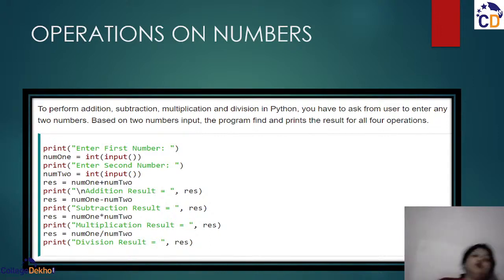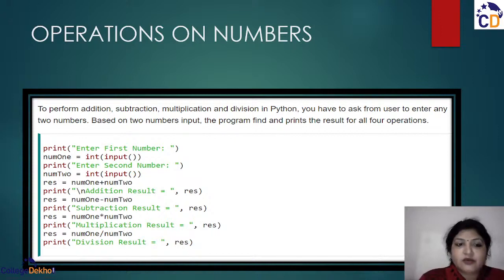Now you are going to perform operations on these two numbers, right? First of all, we have performed addition, the summation of two numbers. How to do that? We are going to use the plus operator. Then res is num1 plus num2, stored in the variable res.